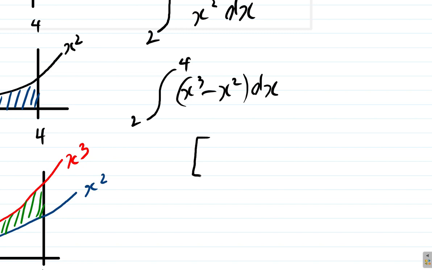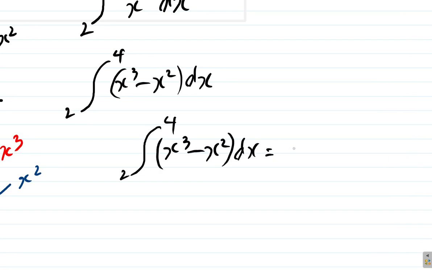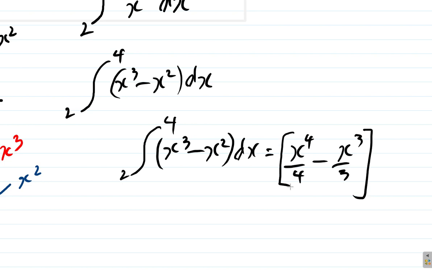Now this, let's start it out here, see what it would look like. The integral from 2 to 4 of x cubed minus x squared dx is equal to, when you integrate x cubed, it becomes x to the 4 over 4, minus, you integrate x squared, it becomes x cubed over 3, and you're going from 2 to 4. Alright?